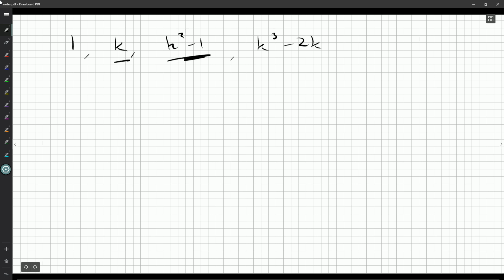Multiply the last one by k and subtract the one before that, and that might be why Fibonacci is coming into it a little bit. So k to the 4 minus 2k squared minus another k squared plus 1, so minus 3k squared plus 1.